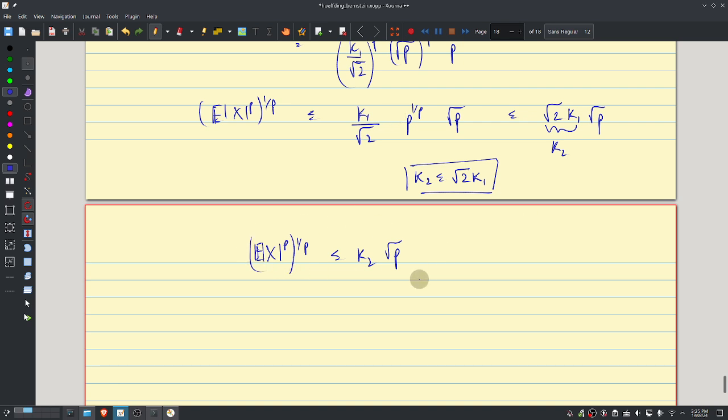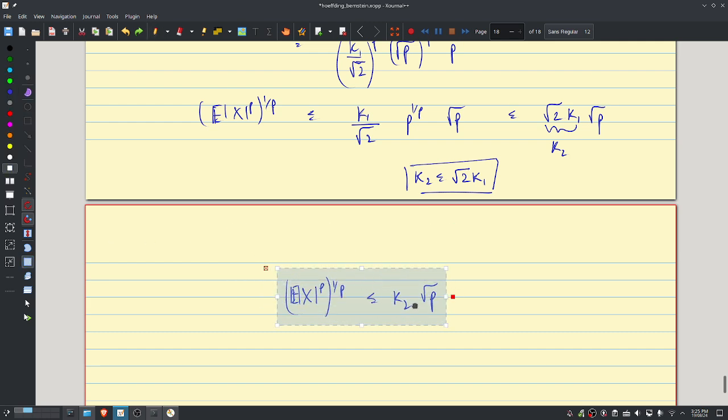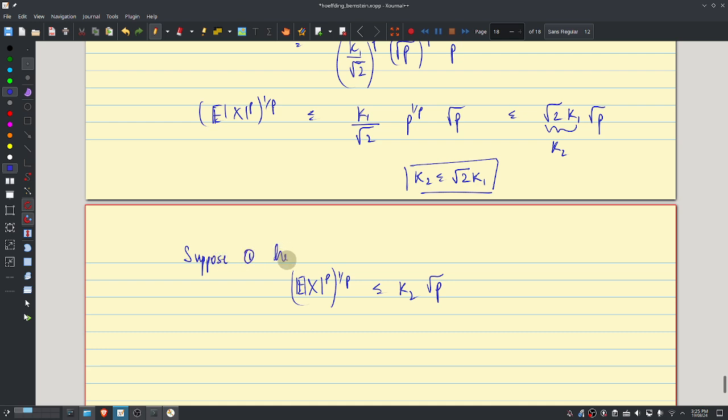Okay, so the exact statement is this is less than or equal to K2 times square root of p, or let me make it even more precise. So suppose 1 holds, then there exists some K2 which is at most square root 2 K1 such that this holds.